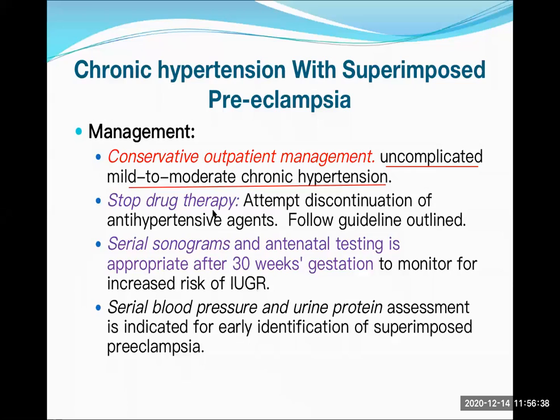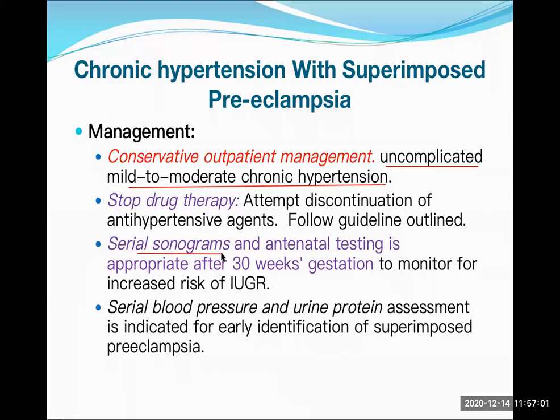Drug therapy is stopped in those situations which I just talked about. No target organ damage, and if the blood pressure is mildly high or even moderately high, because of the effect of the pregnancy, it may balance things up. So you can stop the drug therapy also, but close monitoring is necessary.